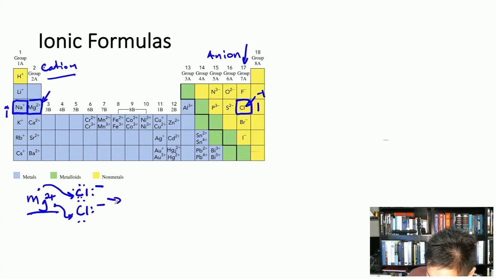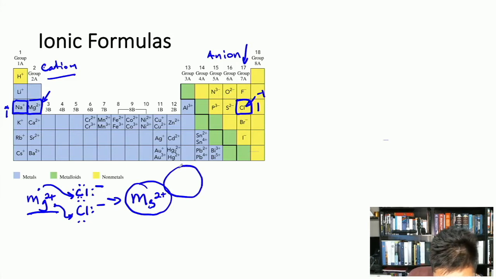So what you have then is Mg2+, and it's ionically bound to a Cl- and another Cl-. By the way, if I hadn't said it already, minus just means -1, right?